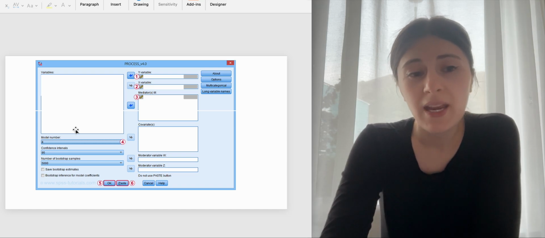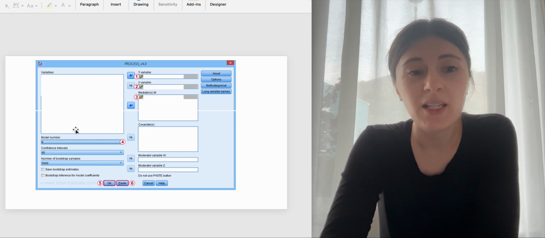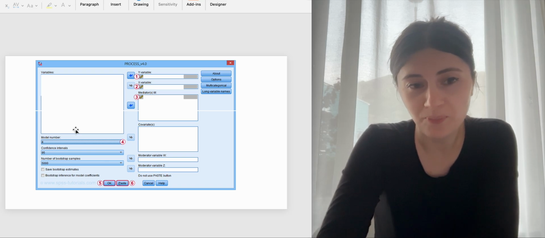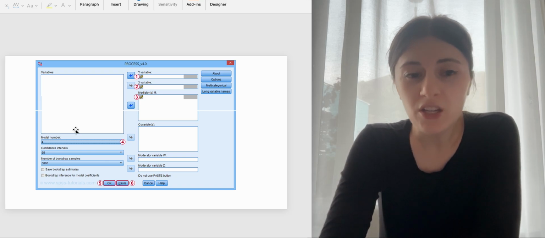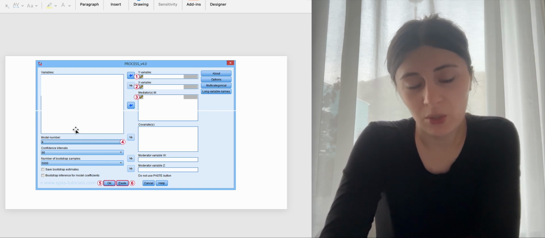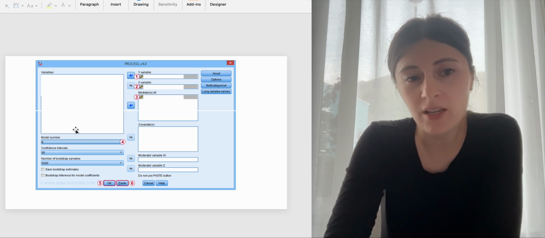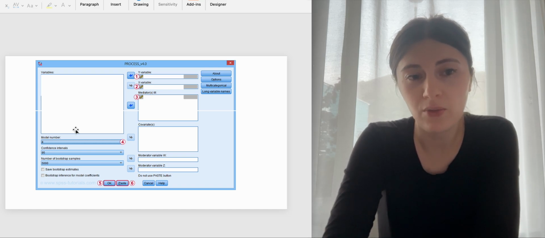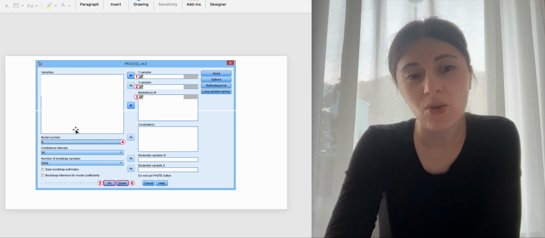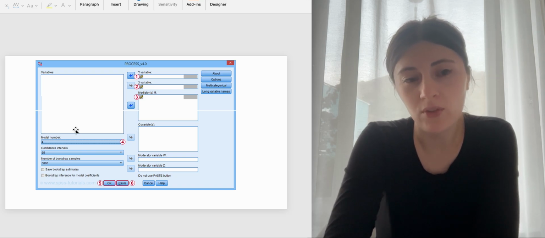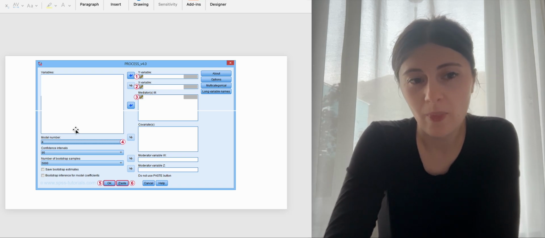For example, A, B, D, E, E, or E, B, C, D, E, and so on. And for each of these samples it created, it will calculate the indirect effect. Remember the paths A and B, that's our indirect effect. So it will calculate 5,000 indirect effects.